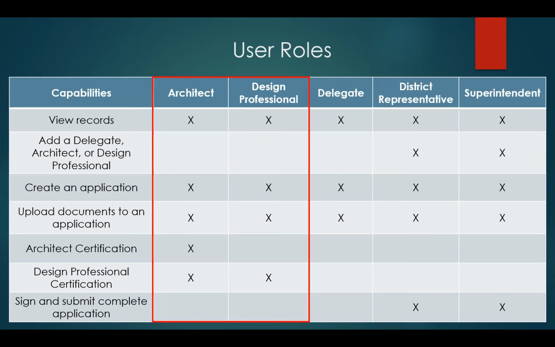However, both roles can certify to the design professional section, which contains the 60% commensurate. And lastly, both of these roles cannot sign and submit the whole application. Note that oftentimes the architect and design professional is just one person filling both shoes. And in that case, you can just assign them as an architect so that they can certify to both sections.